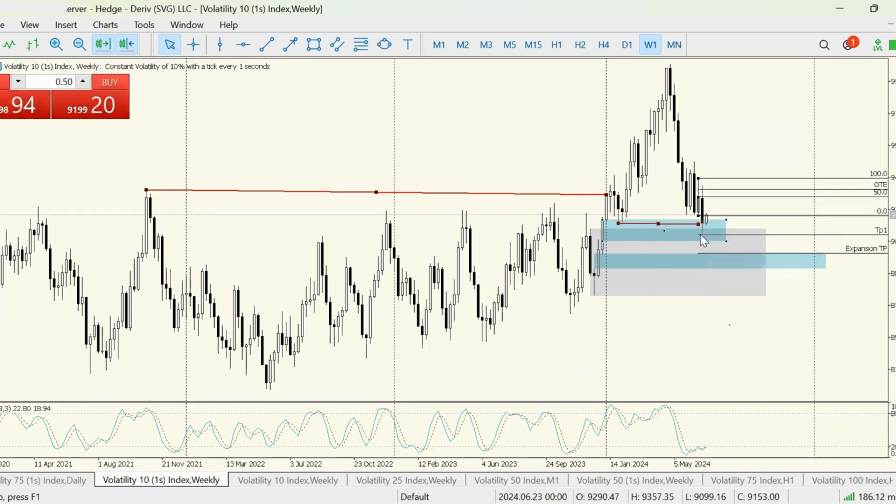So my prediction is we're going to go lower than this swing low. As we move down, we want to see a reaction of some sort, a perfect reversal from one fair value gap to another.